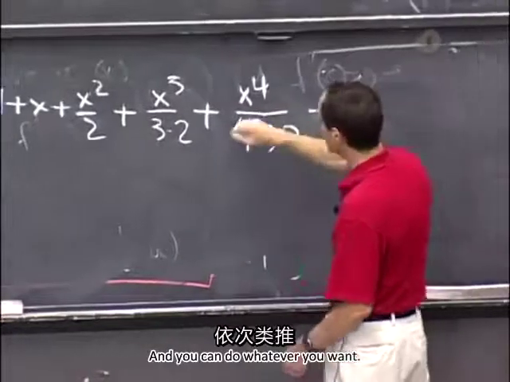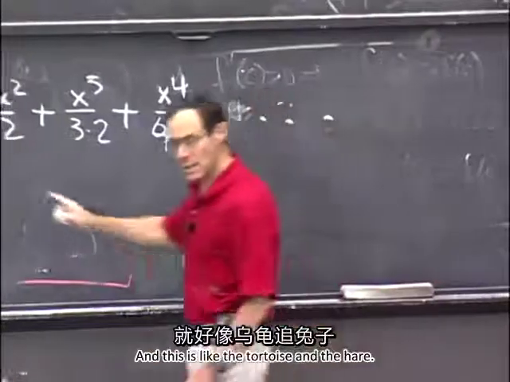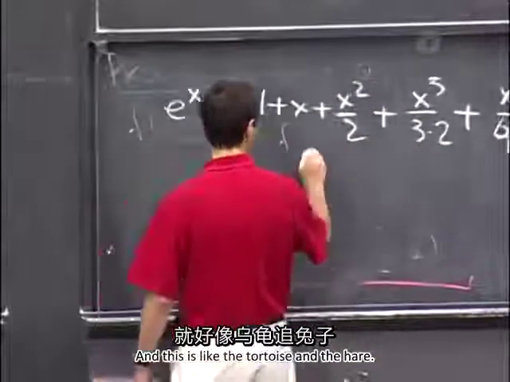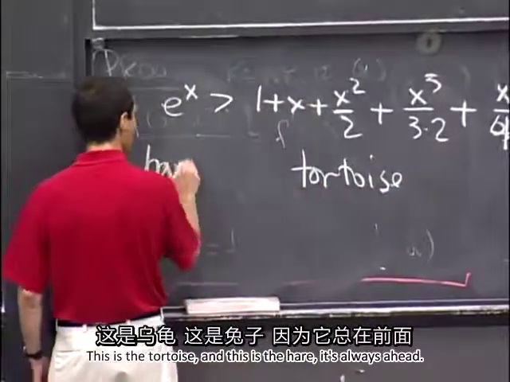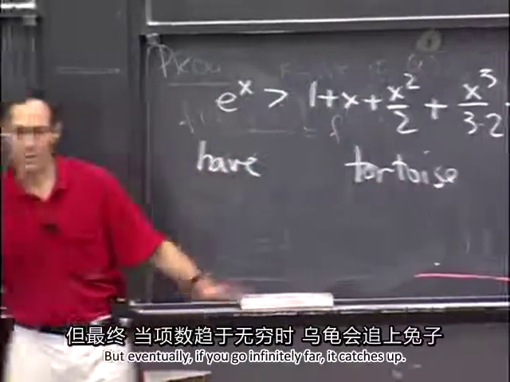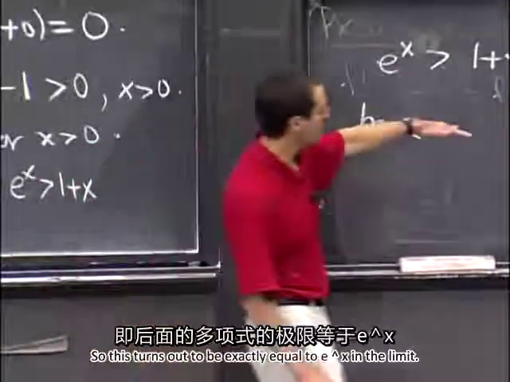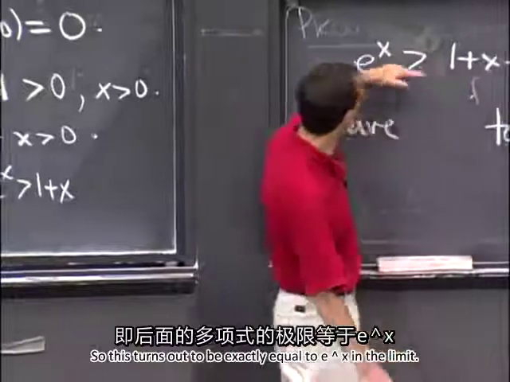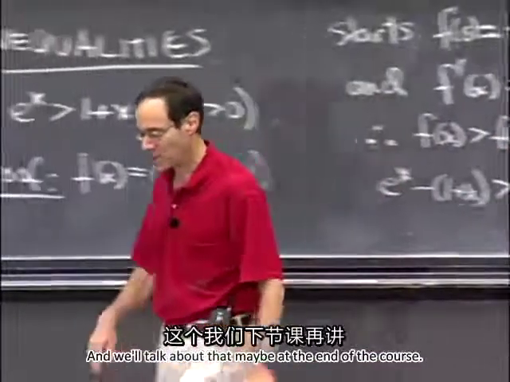And you can do whatever you want. You can do others. And this is like the tortoise and the hare. This is the tortoise, and this is the hare. It's always ahead, but eventually, if you go infinitely far, it catches up. So this turns out to be exactly equal to e^x in the limit. And we'll talk about that maybe at the end of the course.